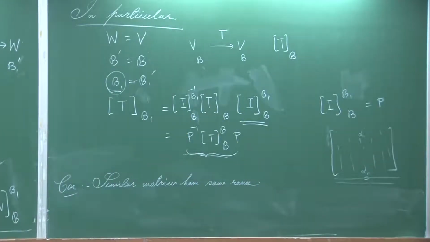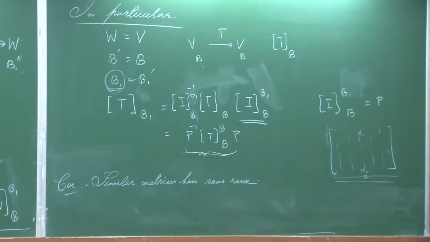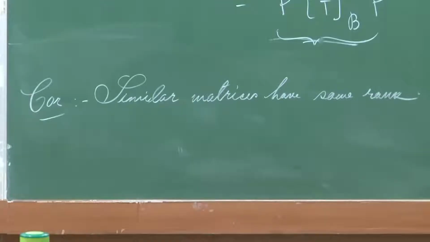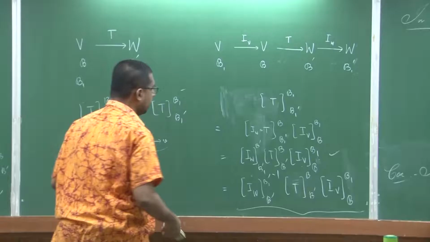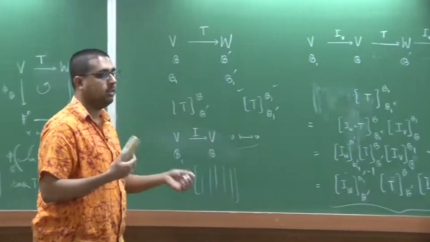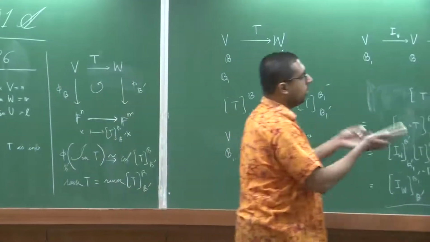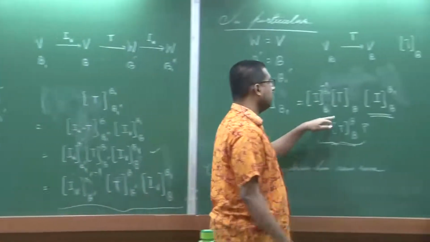Following that, as a corollary, we find that all similar matrices always have the same rank. So we are now comfortable with how to deal with the matrices of linear transformations.